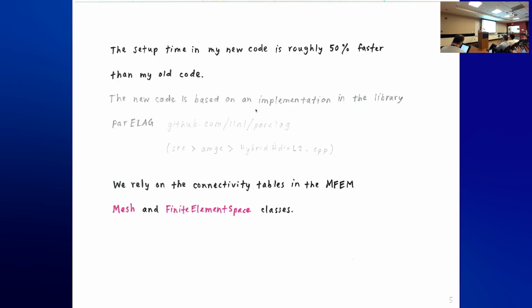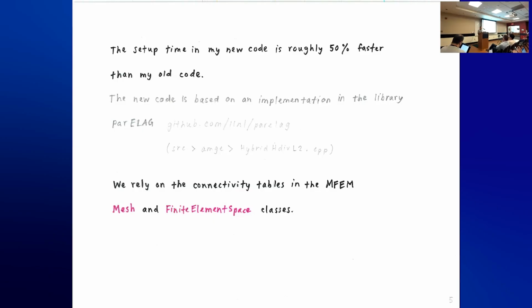My new code is based on an implementation of constructing the constraint matrices algebraically in the library ParELAG. And to do this, we rely on the connectivity tables in the MFEM mesh and finite element space classes.